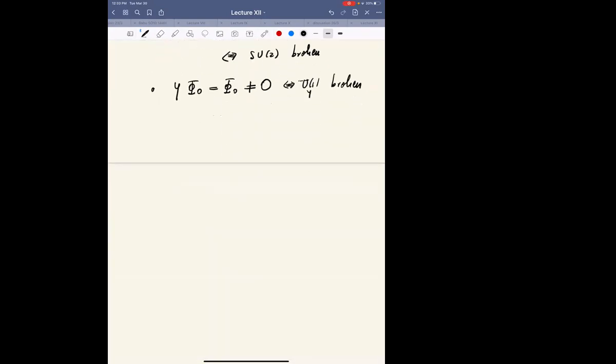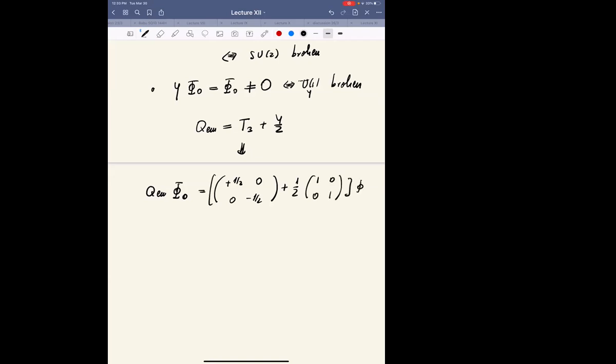But notice, please, Q electromagnetic, remember, is T3 plus Y over 2. So look at this here, Q electromagnetic acting on phi_0 is (1/2, 0, 0, -1/2). This is T3. Y is 1. So it's (1/2, 0, 0, 1/2), acting on phi_0. I'm being very pedagogical.